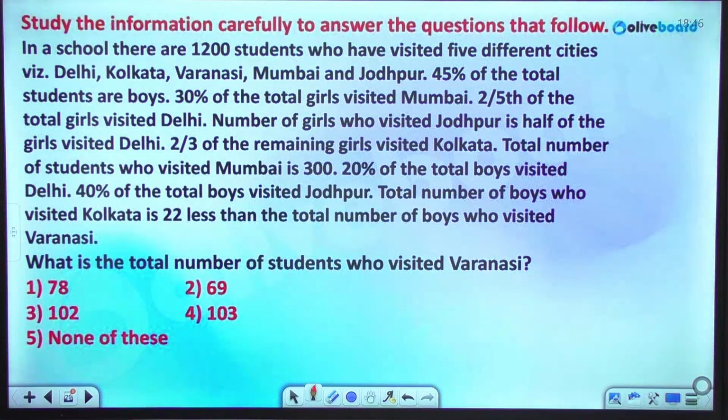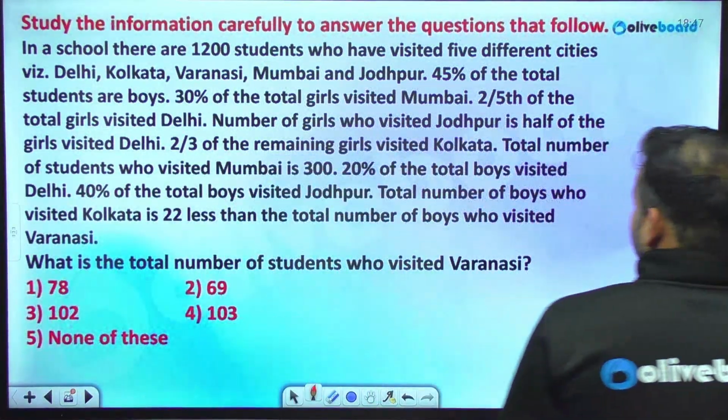Solve it. In a school, there are 1200 students who have visited 5 different cities.